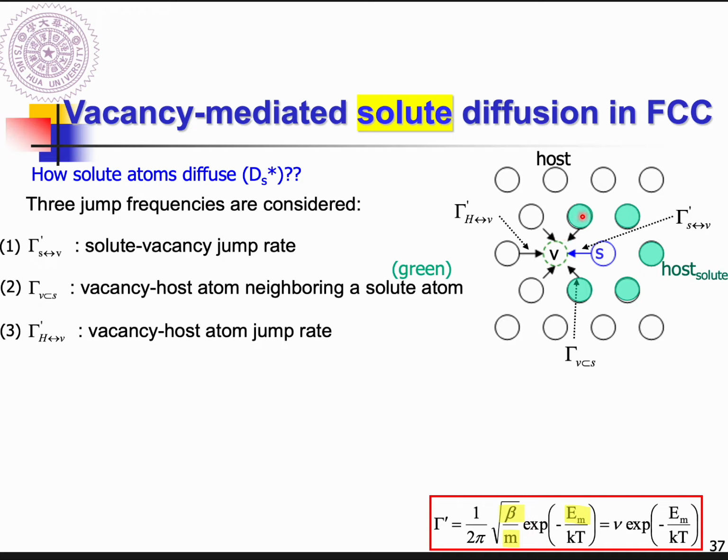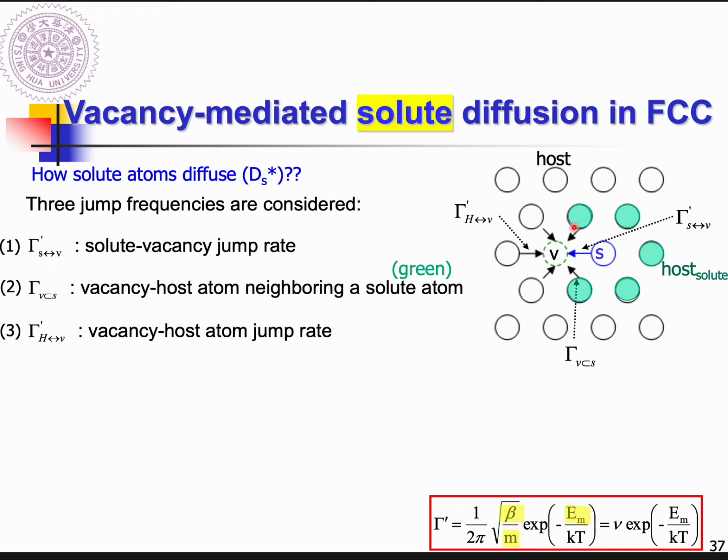Although this one and this one are both host atoms, because this atom is nearby the solute atom, the gamma prime, or you can say the beta, or reduced mass, will be slightly different from the host atom, right?